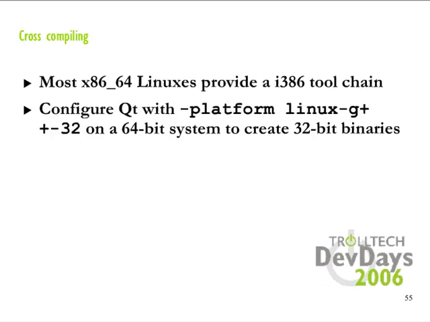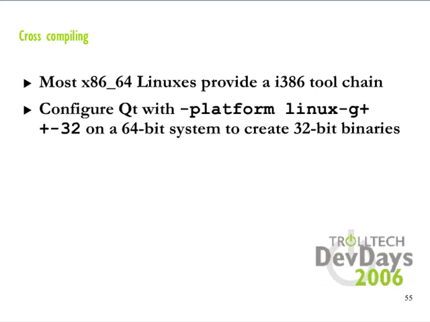This is just for completeness if you want to cross-compile, or what I suggest for people who want to deploy on Linux. You just get a Linux box, an x86 AMD64 machine, or an Intel with the Intel 64 editions, not an Itanium, but actually a 64-bit CPU. Install a normal Ubuntu or whatever you like. And you'll get a compiler that can provide both 64-bit binaries and can create i386-based binaries.